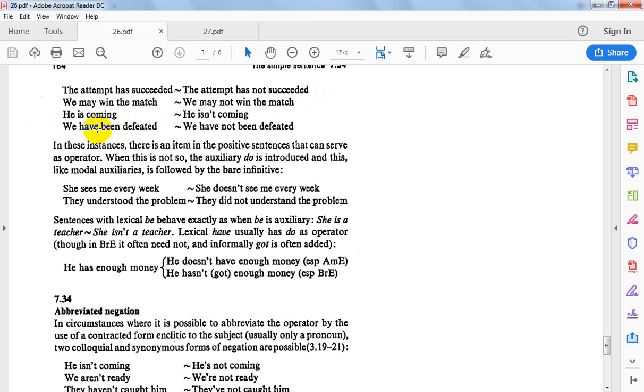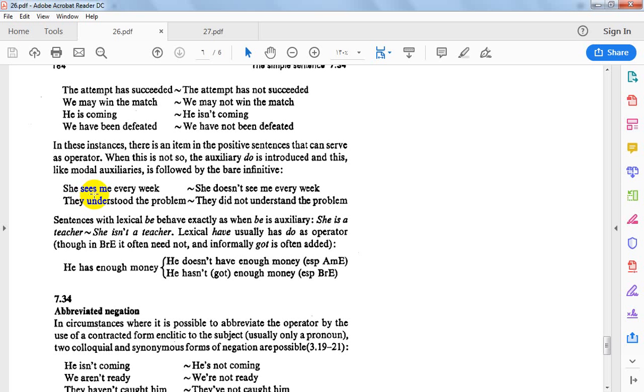Of course, in these instances there is an item in the positive sentence: has, may, is, have. But if there is not that item, if there is no operator, we work with do auxiliaries. How? She seems very weak. The sentence is present simple.